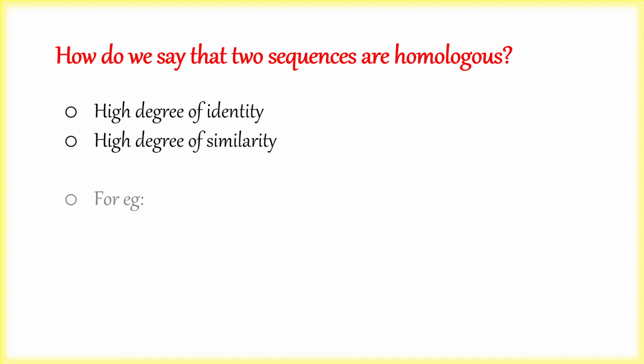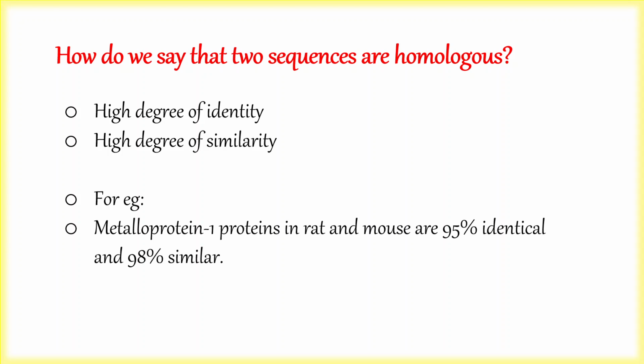For example, take the protein metalloprotein 1, which is present in both rats and mouse. This protein is 95% identical but 98% similar. So by quantitative measurement of this similarity and sequence identity, we can say that this particular protein is homologous for the rat and mouse organisms, right?